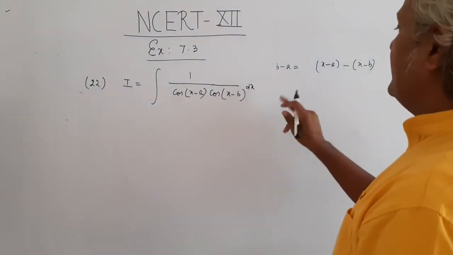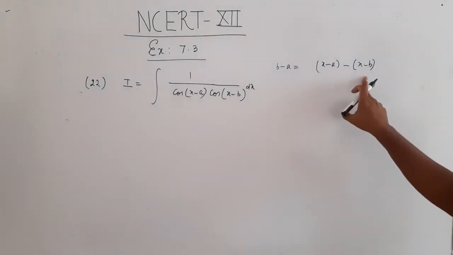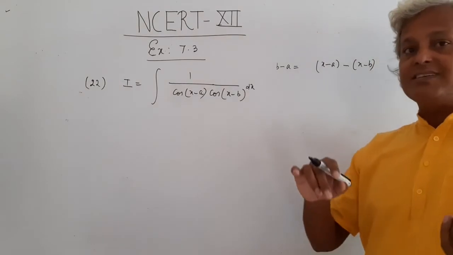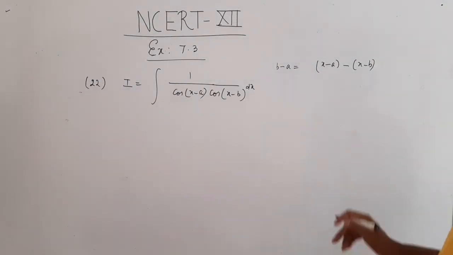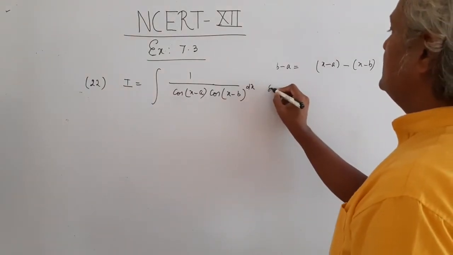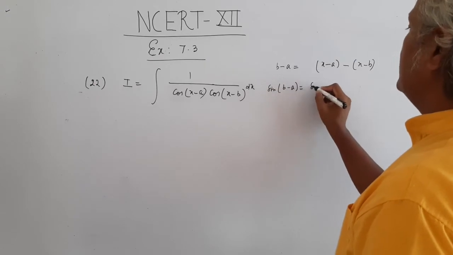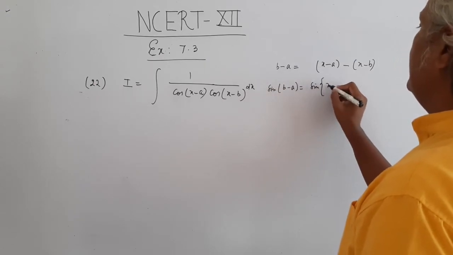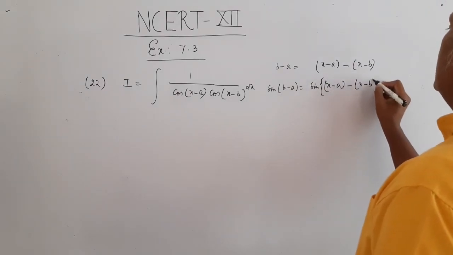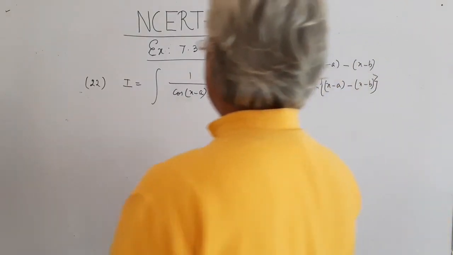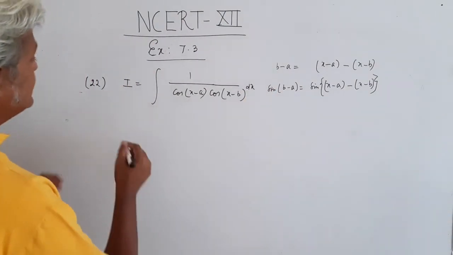If I go for sine, sine of (a minus b) gives you sine a cos b and cos a sine b. So both terms have cos, and I think that one cos will get cancelled by this. So I'll use sine (b minus a), and this becomes sine of (x minus a) minus (x minus b). So I'll multiply and divide both sides by sine (b minus a).